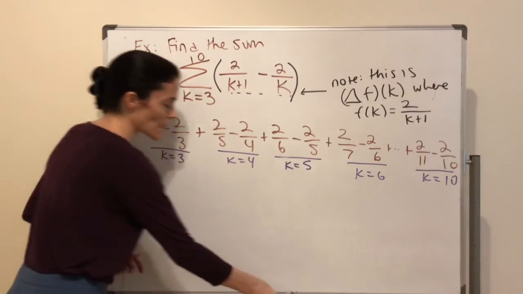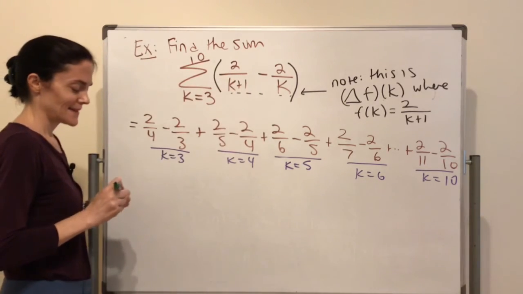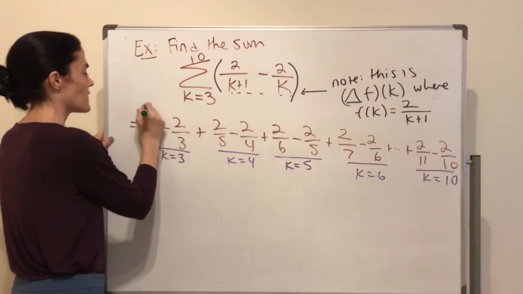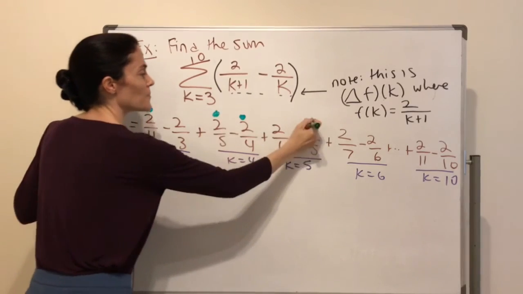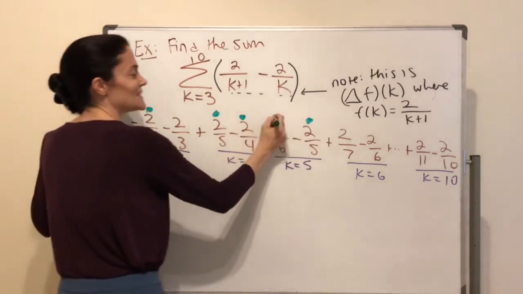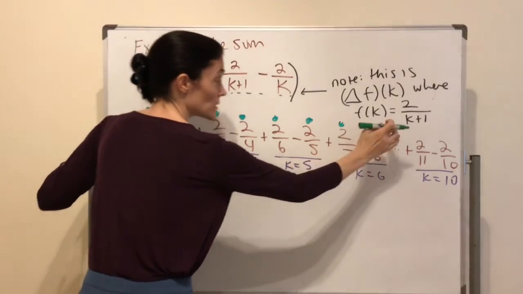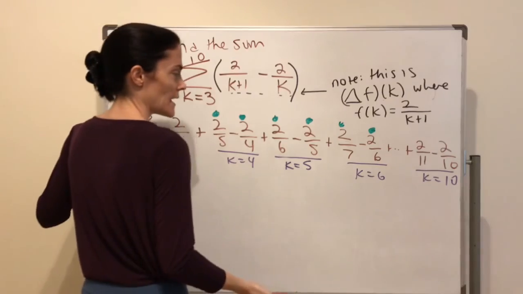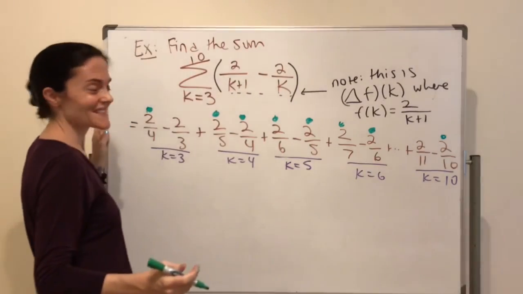And now maybe I will just put with green dots, just use only one color this time, what adds to 0. We have 2 over 4 minus 2 over 4, 2 over 5 minus 2 over 5, 2 over 6 minus 2 over 6. The 2 over 7 will add to 0 with something in the next term. And finally, this 2 over 10 will add to 0 with something in the previous term.